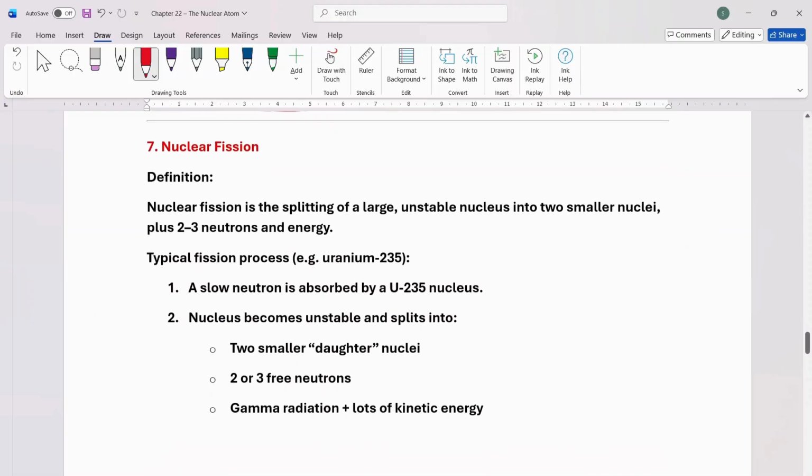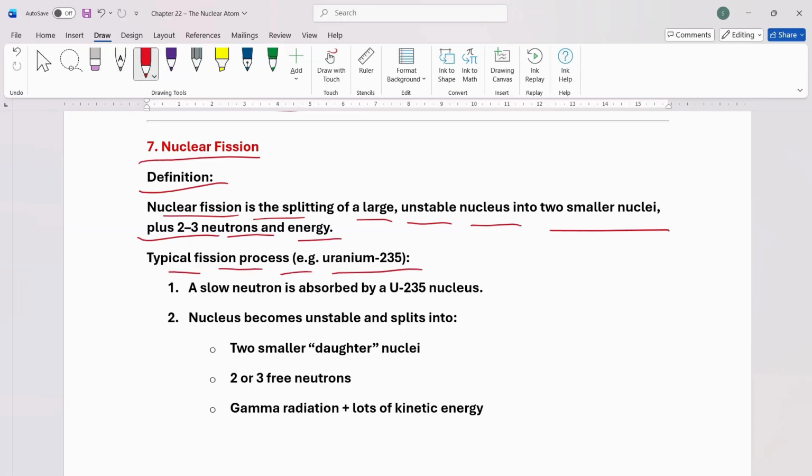Now let's discuss nuclear fission. Definition: nuclear fission is the splitting of a large unstable nucleus into two smaller nuclei plus 2 to 3 neutrons and energy. Typical fission process, example uranium-235.